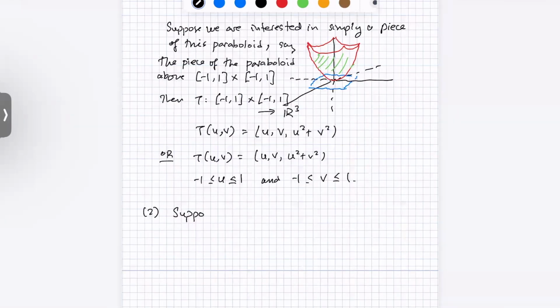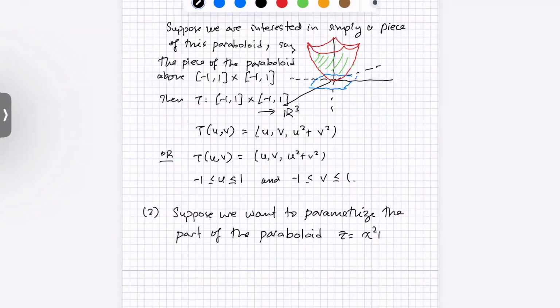Suppose we want to parametrize the part of the paraboloid z equals x squared plus y squared, z equals, say, 4.